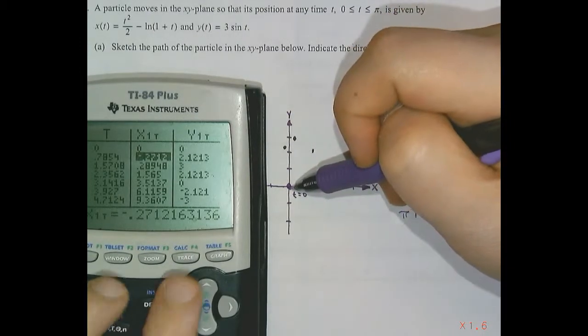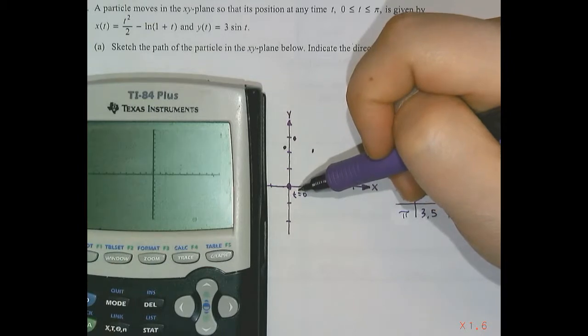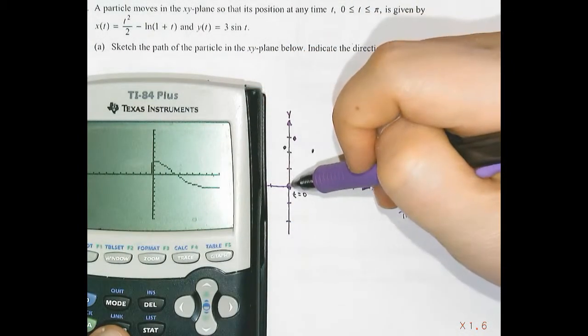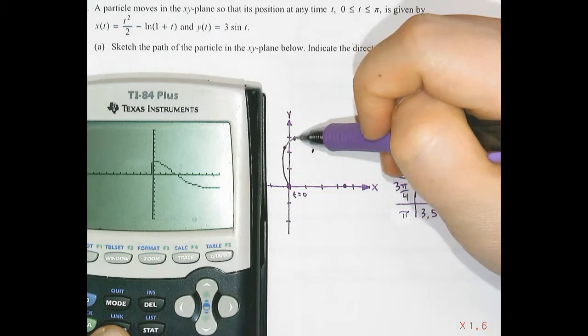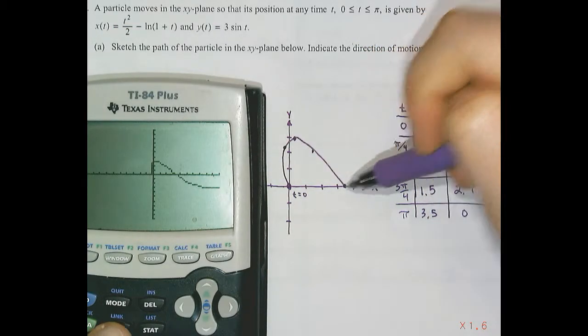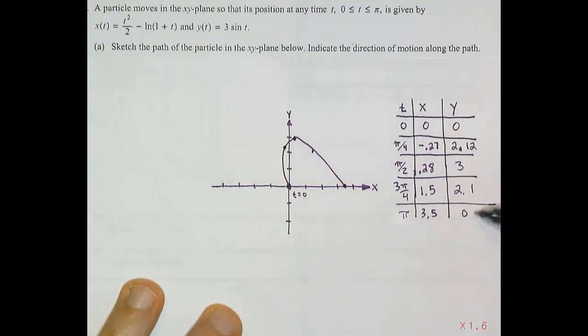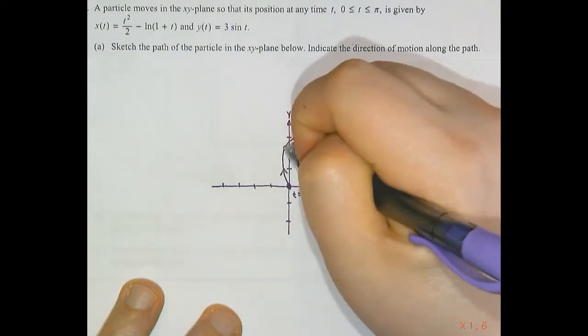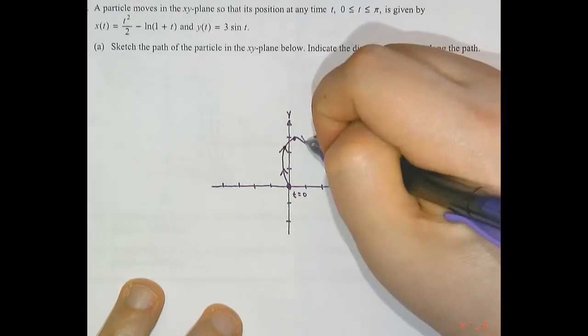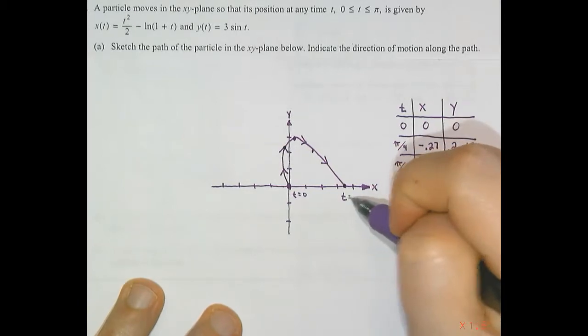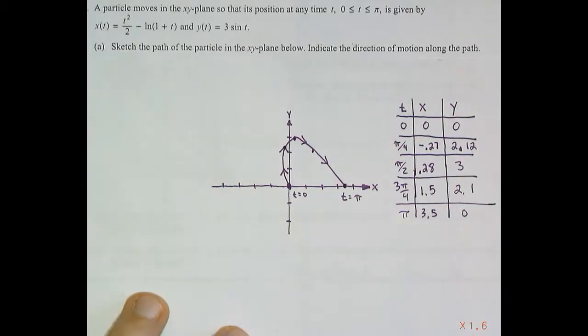And graphically, if we do a standard zoom on it, we can see that it's moving up to a high point and then coming down like that. And the direction of travel, as we see from this table, is it's heading in a direction kind of like that, finishing at t equals pi at this location.